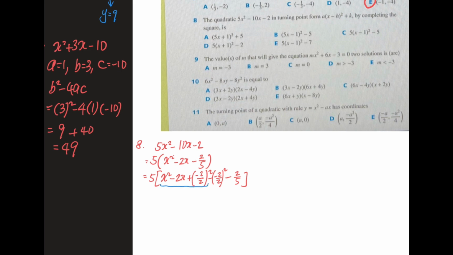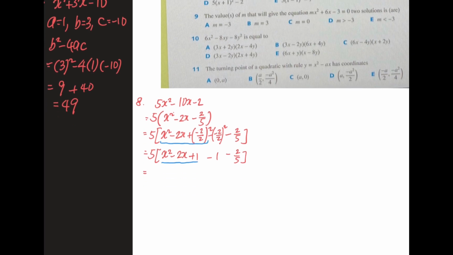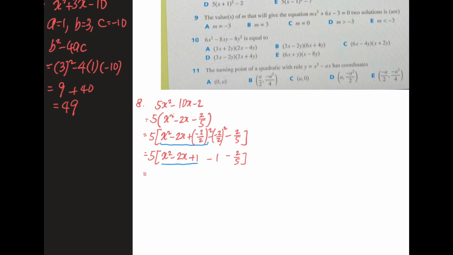Then the first 3 terms, we need to factorize it. It is going to be a perfect square. So x squared minus 2x. Let's say I simplified it first. Minus 2 over 2 is minus 1. Minus 1 square is positive 1. Now for the first 3 terms again, I can factorize it.